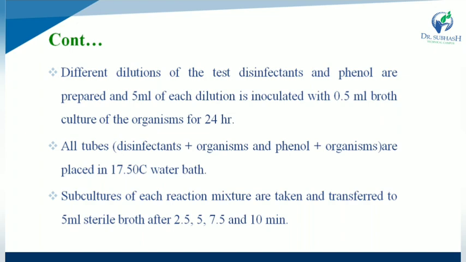So first of all, the dilution series is prepared, 5 ml of each dilution is taken and inoculated with 0.5 ml of broth culture. After that, all the tubes are placed in a 17.5 degree centigrade water bath, and subcultures of each reaction mixture are transferred to 5 ml of sterile broth after 2.5, 5, 7.5 and 10 minutes.